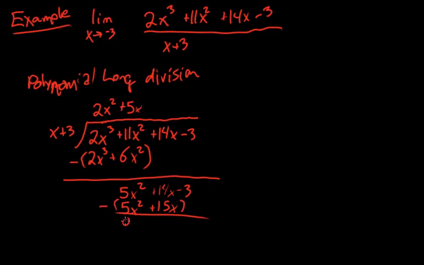We get, let's see, 14 minus 15 is -x minus 3. How many times does x go into -x? And it's -1 times. So we get -x minus 3. To multiply this out, we have to subtract that, which makes everything positive. And we get 0. So our remainder is 0, which is how I was hoping it would come out.